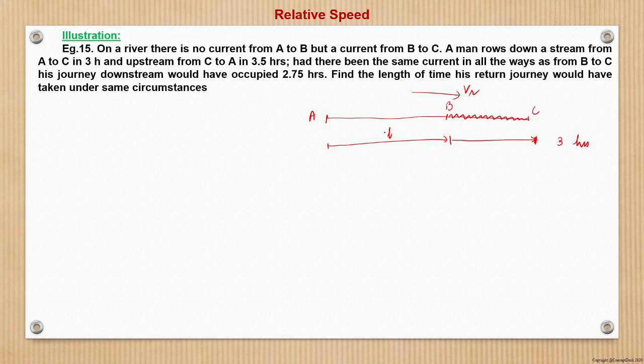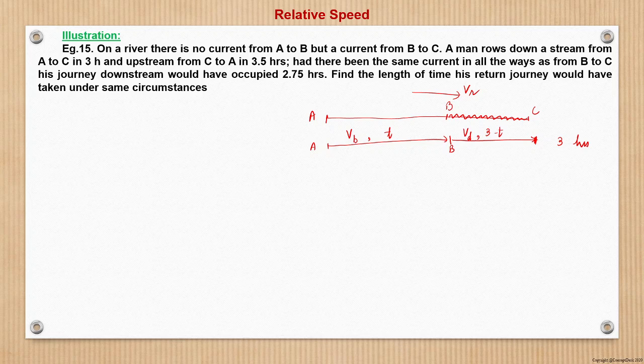Suppose this time is t, so this will be 3 minus t, and this distance AB he would have covered at a speed which is VB, that is the velocity of the boat in still water, and this he would have covered at the velocity in the downstream in 3 minus t time, right?